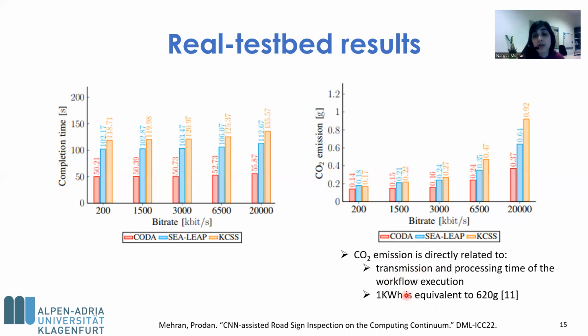And meanwhile, we have evaluated one specific metric, which is the equivalency of 1 kilowatt-hour of energy consumed, which is equivalent to 620 grams of CO2 that can be emitted in the atmosphere.